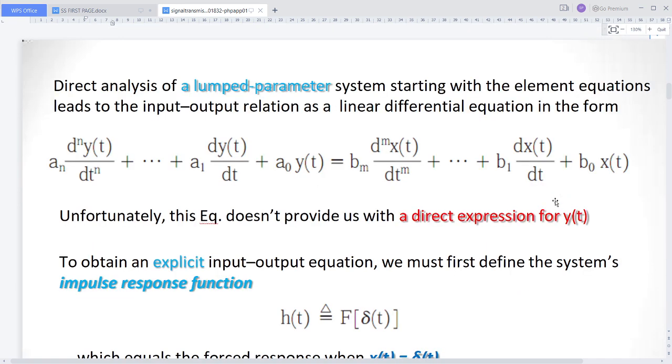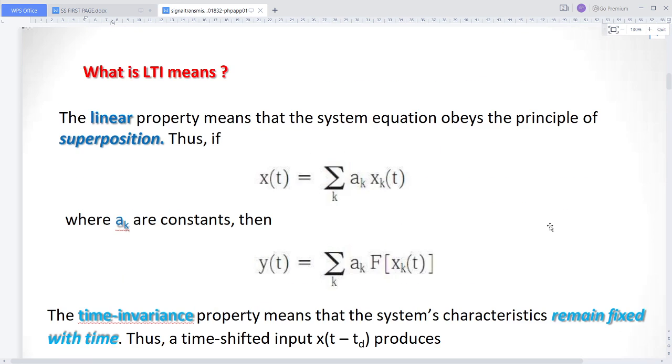Unfortunately this equation doesn't provide a direct expression for y of t. See, every y of t is associated with derivatives, but we require y of t only, because the output of any system is described with y of t only.